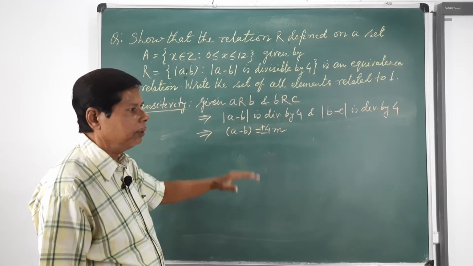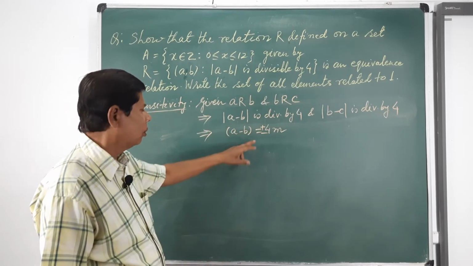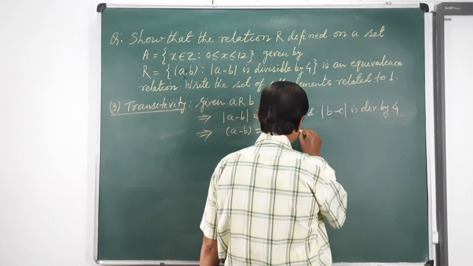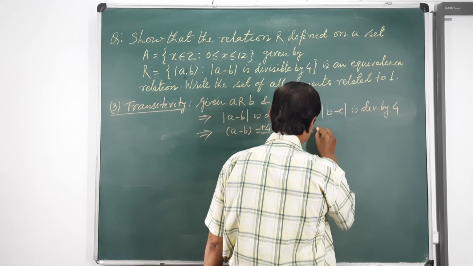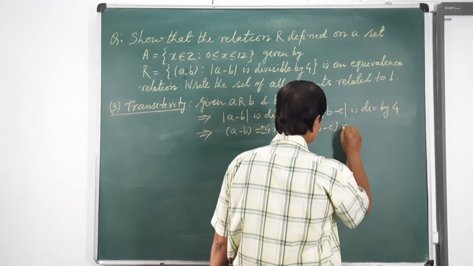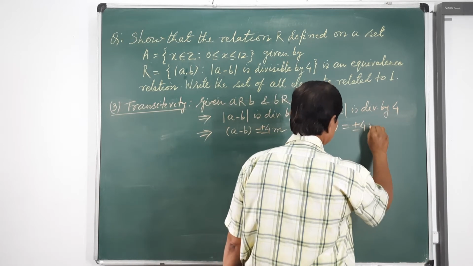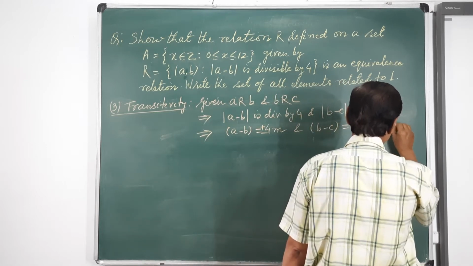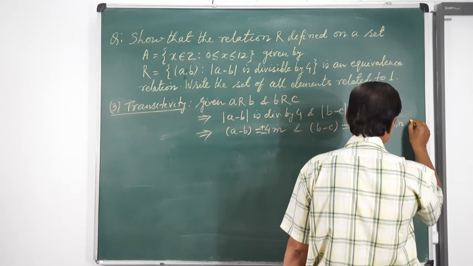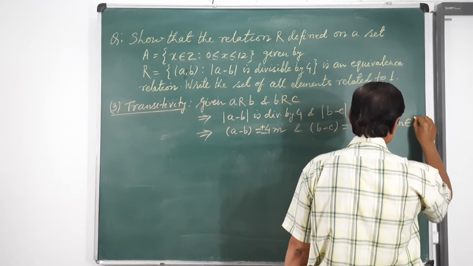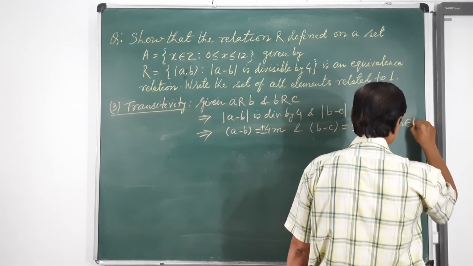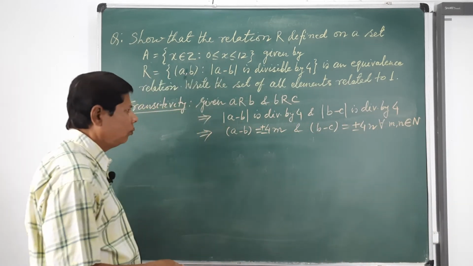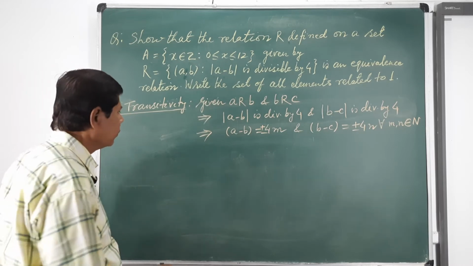But certainly it will be a multiple of 4 because it is divisible by 4. Likewise, b minus c is equal to plus or minus 4n for all m, n belonging to Z. We are just to show that it is a multiple of 4.